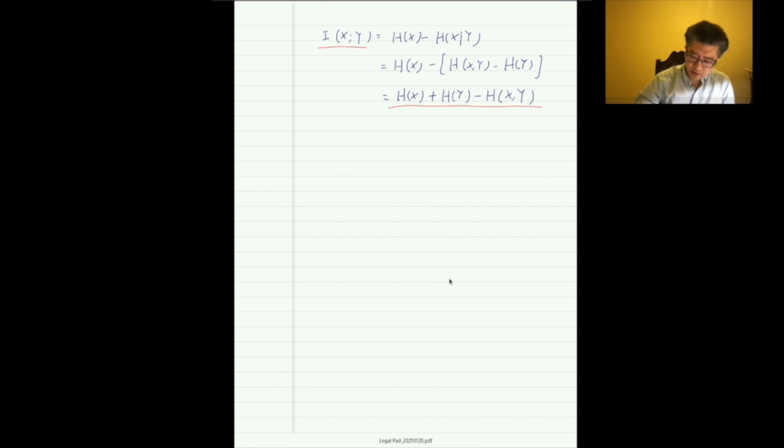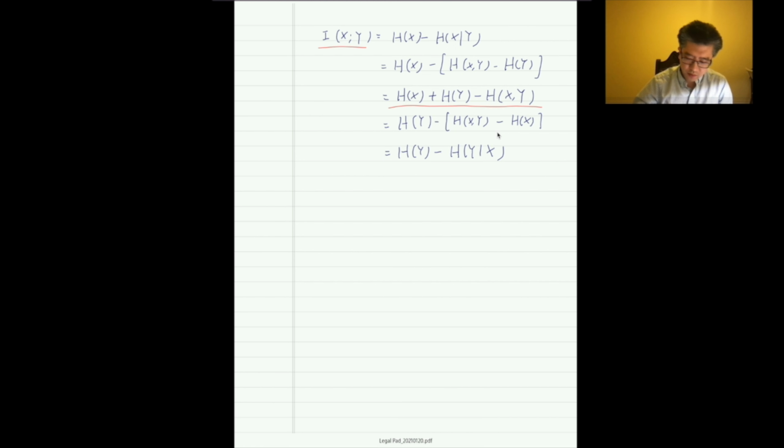Next, if we keep manipulating it, let's combine the first term and the third term. We have H(y) minus, H(xy) minus H(x). So what is that? This is nothing but the conditional entropy of y given x.